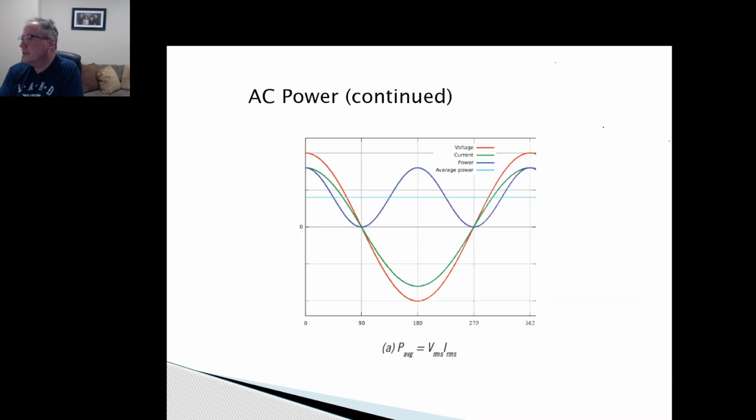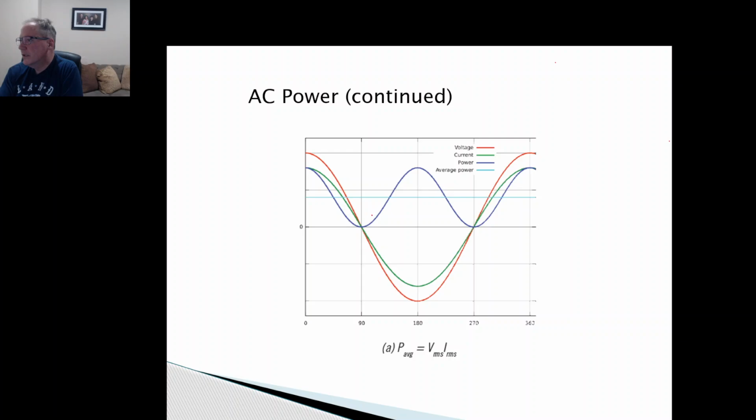Here our voltage is the red line, our current is the green line, and then our power is the blue. So if we take the red times the green, that will give us the power.